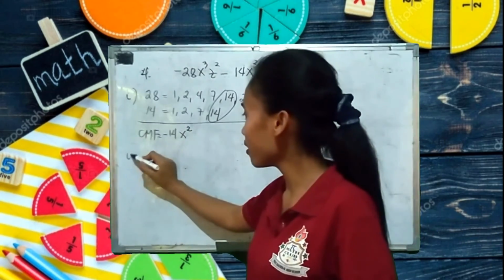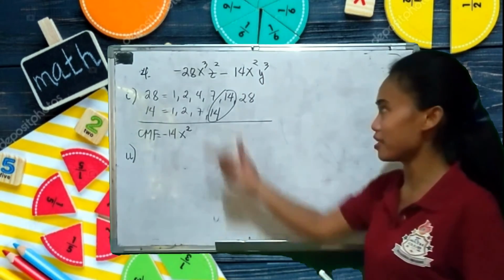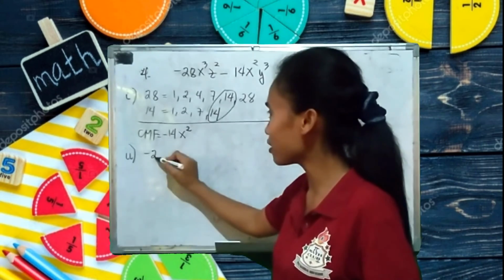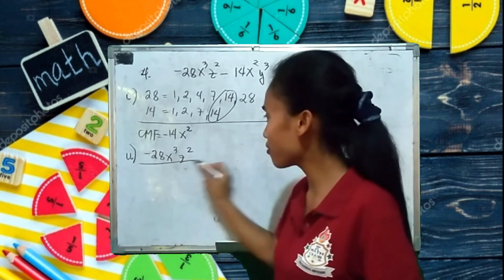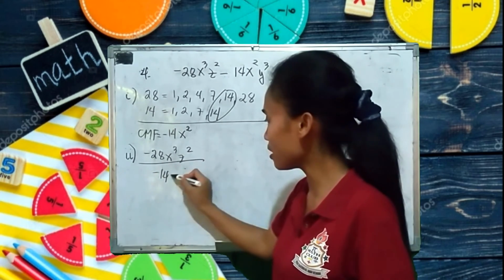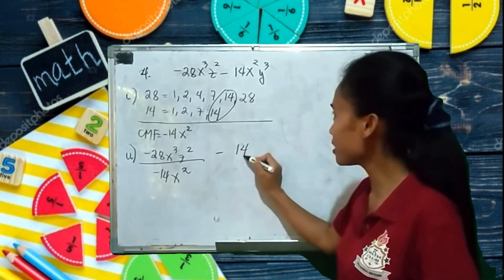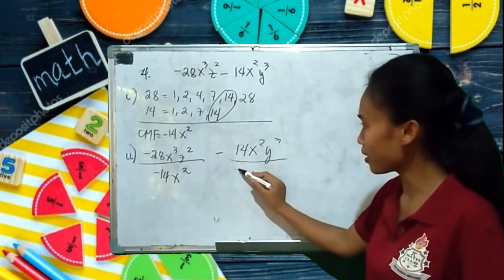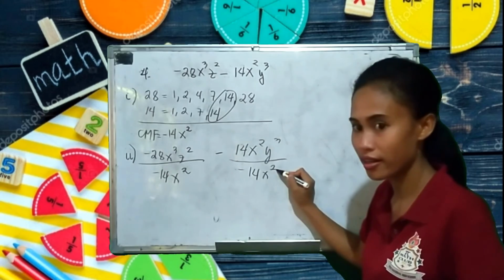And for our step number 2, we are going to divide both the terms by the CMF. So we have negative 28x cubed z squared divided by negative 14x squared, minus 14x squared y cubed divided by negative 14x squared.